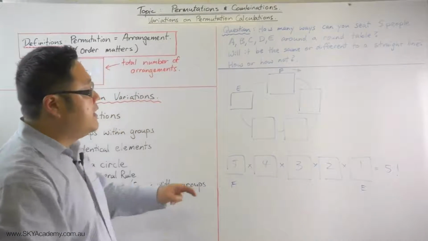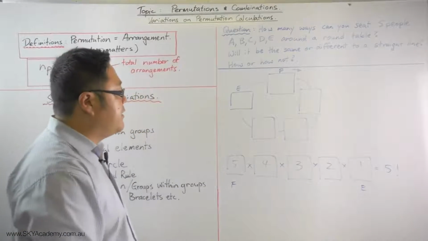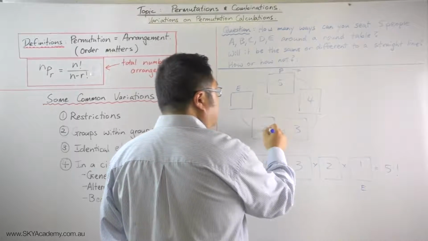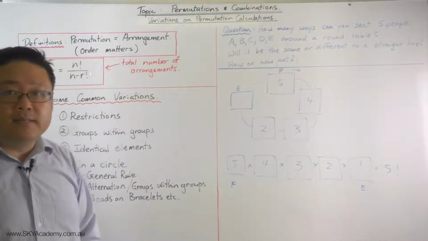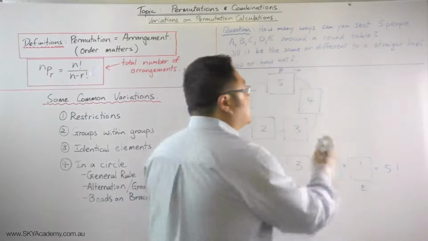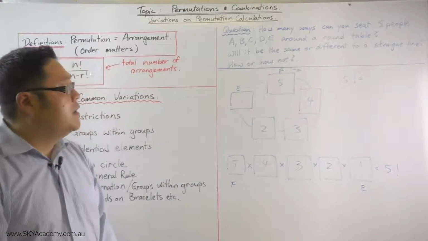Ordinarily, you take each of the positions in the line, and you would have 5, 4, 3, 2, 1. Does that make sense? Cool. And then you would have exactly the same answer, 5 factorial. Good.